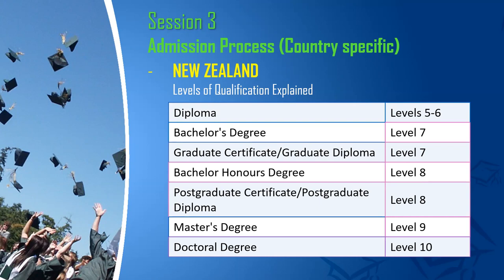Postgraduate certificates or postgraduate diplomas, level 8. Master's, level 9. Doctoral programs, level 10. Any course that you see or search in New Zealand will have this level in brackets, indicating what qualification it belongs to. This is just an indicator of how their qualifications are classified.